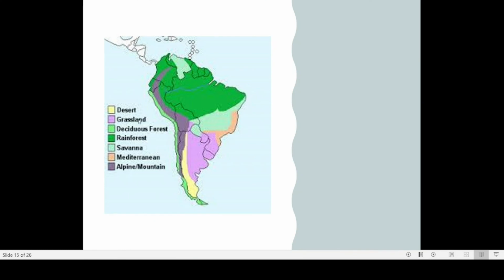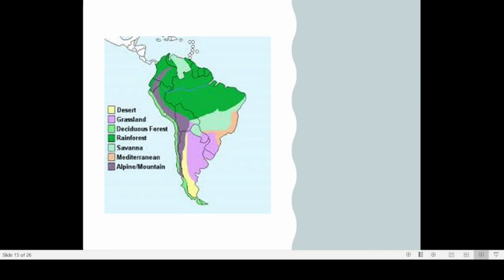Then here you can see the physiography. See that this is the rainforest. This green colored portion is the rainforest. Then this one is the grassland. Grasslands are mostly present in Uruguay, Paraguay, then Argentina. These are the three main countries where grasslands are located. Then deciduous forest.